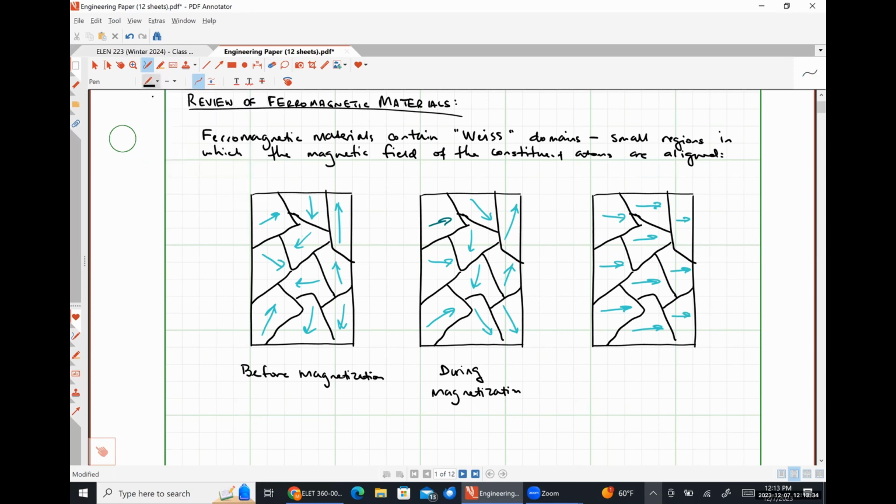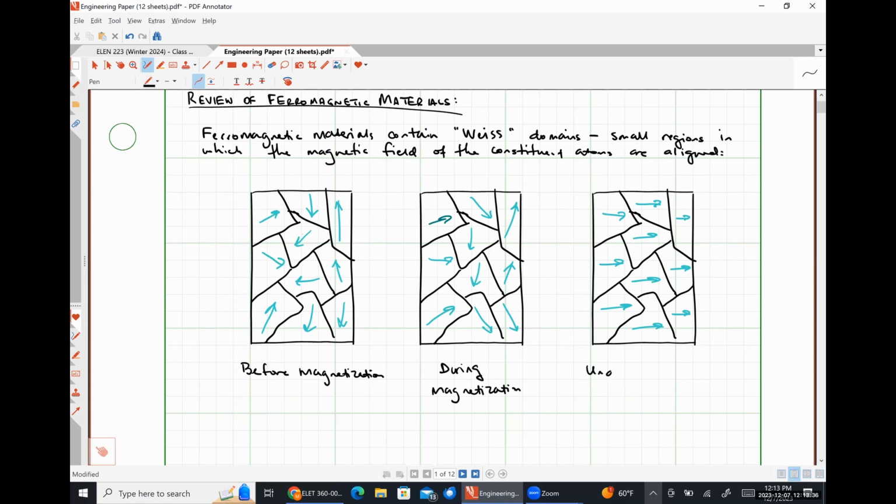So this would be like under a strong external magnetic field.